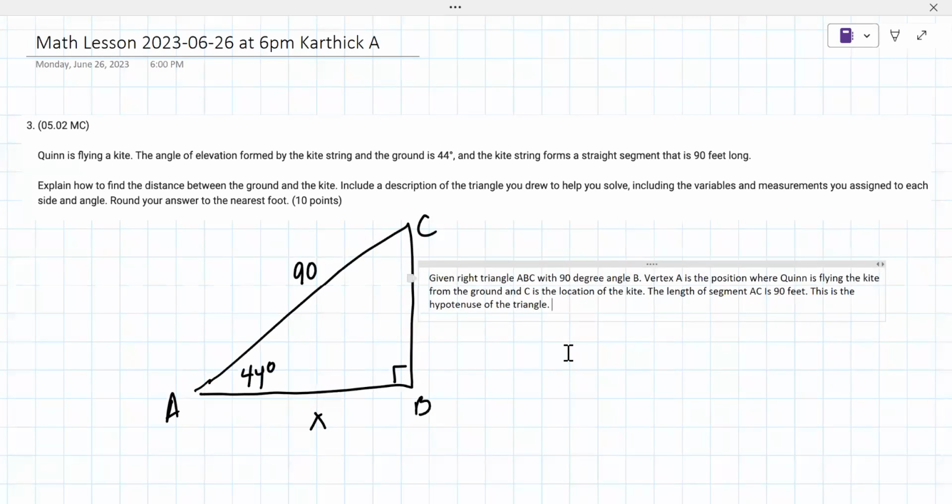Next, the measure of angle CAB is 44 degrees, and this is the angle of elevation formed by the ground and the string.